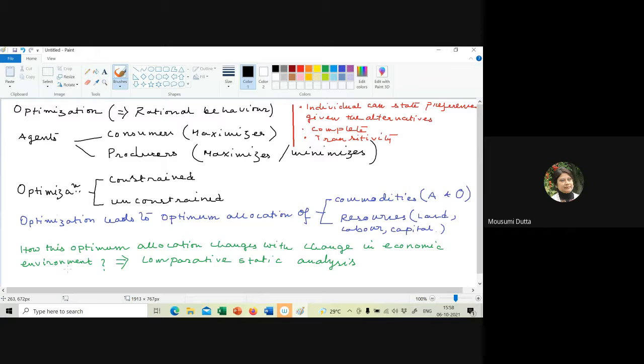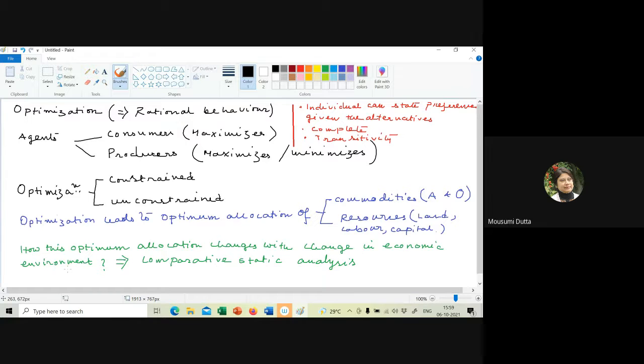Okay. So neoclassical economics is thinking that the entire neoclassical group of economists, they think in this way. We are considering all the agents in the economy are behaving rationally. First thing, they are behaving rationally, that means they are optimizing.